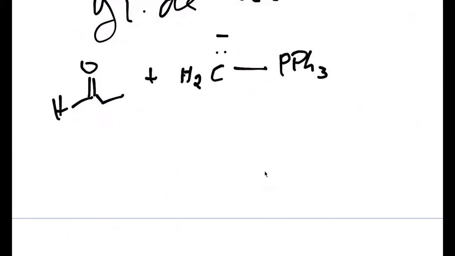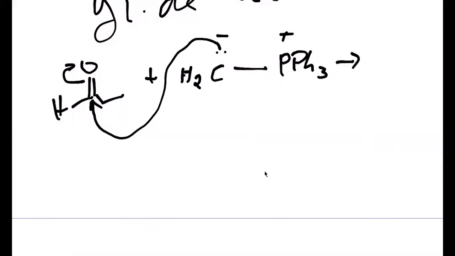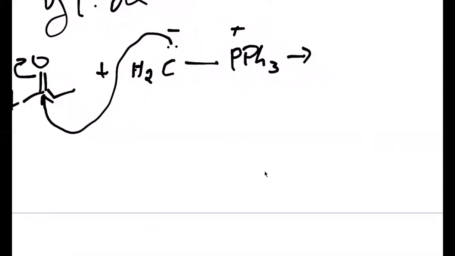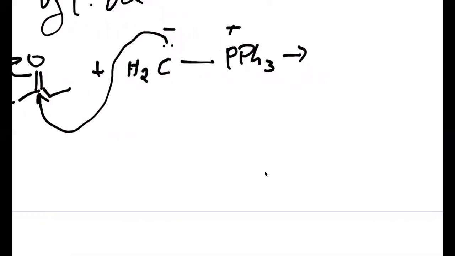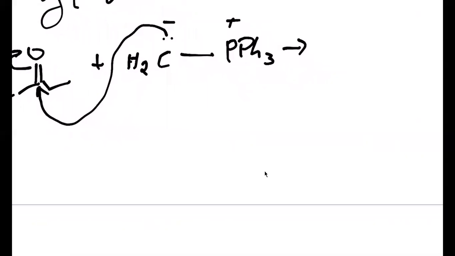And that's negative and that's positive, right? So that carbon in the ylide is going to attack your aldehyde and break the carbon-oxygen pi bond. Right, so you're going to end up with this intermediate that kind of looks like this. So this is O minus. That's H. And then you'll have a bond to this carbon over here. I'm just going to put the ethyl group like that.